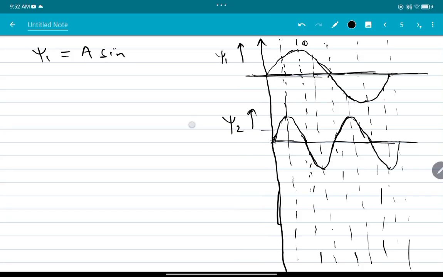It has one wavelength, that is why it has k1. And the expression for this will be psi 2 is equal to A sine k2x. Why is this k different? Because wavelengths are different. And k, as you know, is equal to 2 pi by lambda. Wavelengths are different, so k's are different.